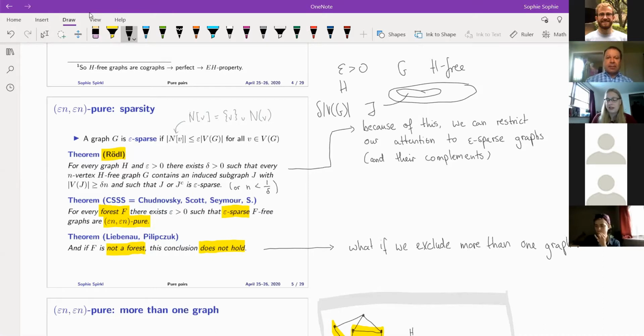And so we'll use this extensively because from now on we can focus just on epsilon sparse graphs, right? This is telling us whenever we exclude some graph as an induced subgraph, there's a bit that's sparse or its complement is sparse. So we either work in that graph or we work in its complement, but from now on it's fine to assume everything is epsilon sparse.